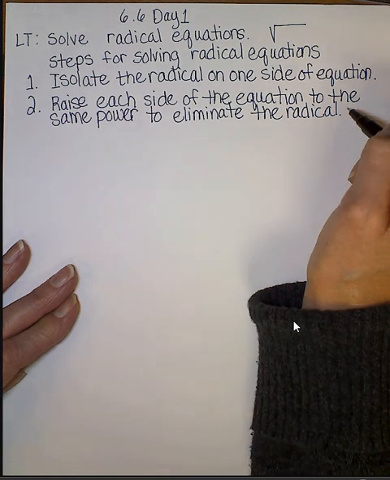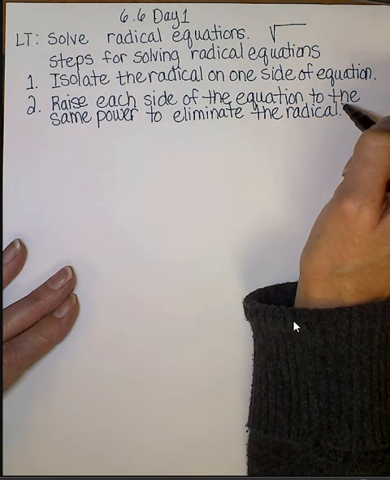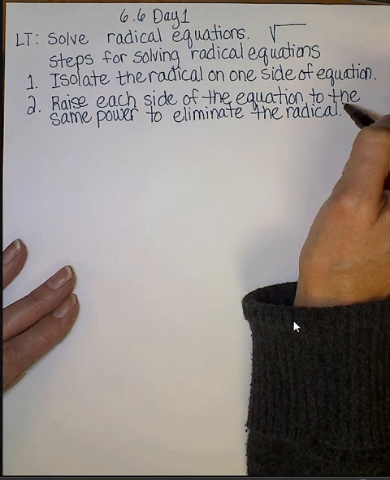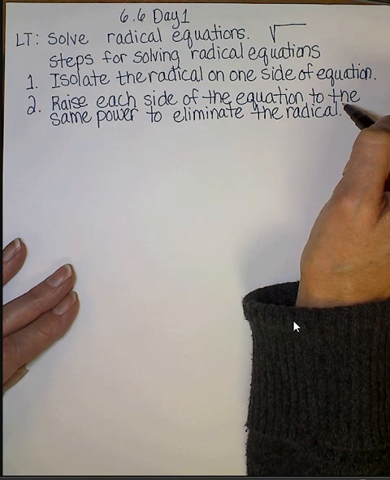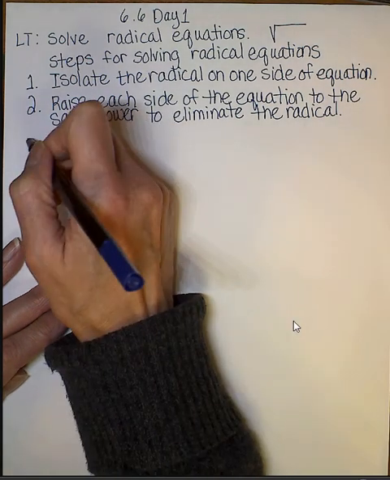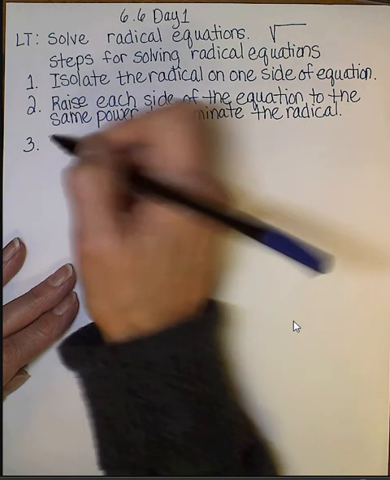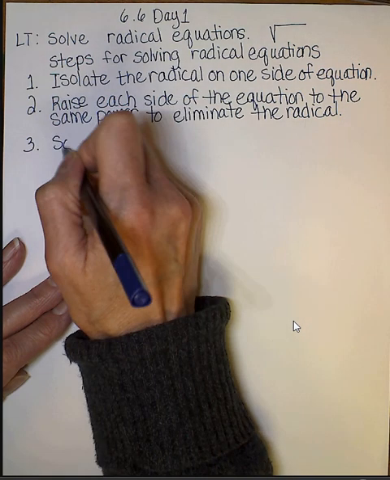So if it was just the square root, we would raise both sides to the second power, and that would eliminate the radical. Alright, and the third step, we're going to just solve the equation.